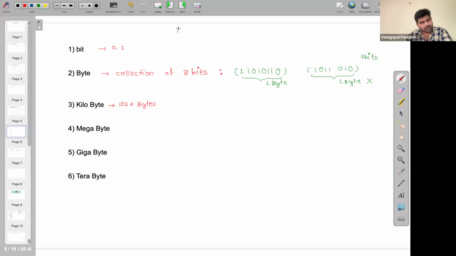In computer science, whenever they talk about data, bits and bytes, kilo means 1024.